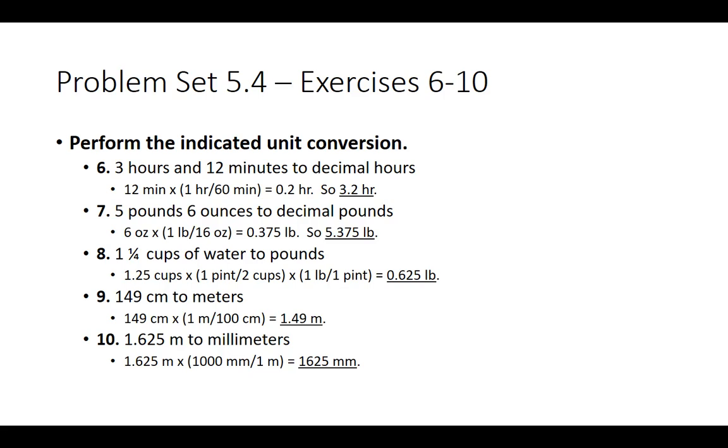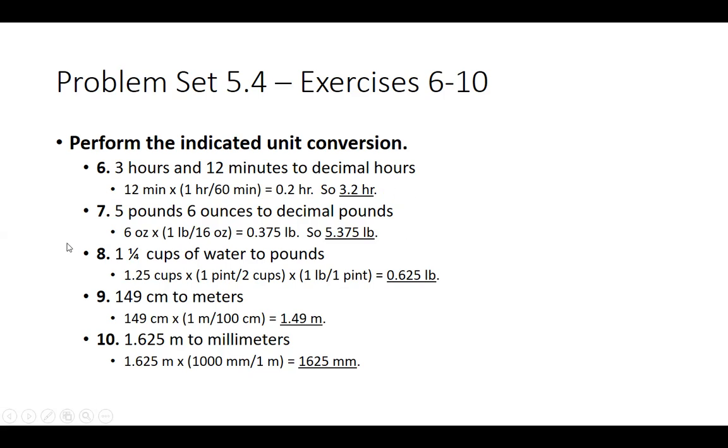That's going to be 1 hour over 60 minutes. The math then, 12 times 1 divided by 60 gives us 0.2 hours. Bringing the 3 hours we already had into it, we get 3.2 hours.